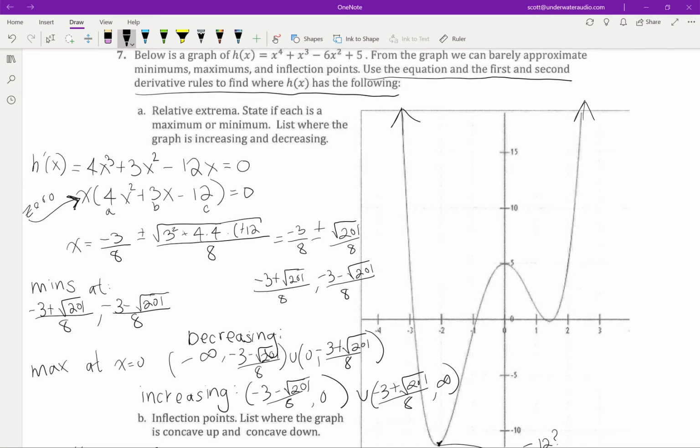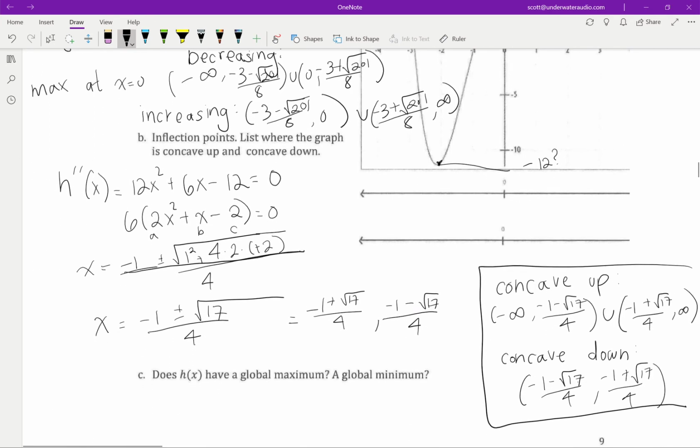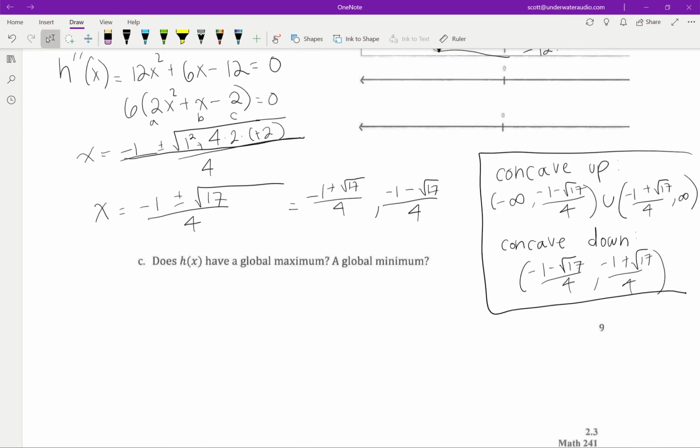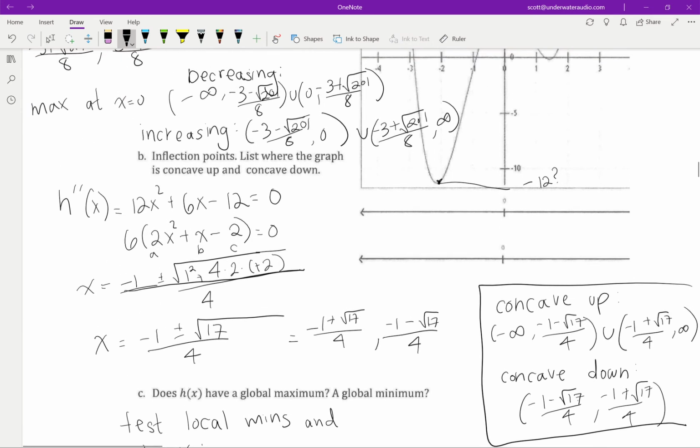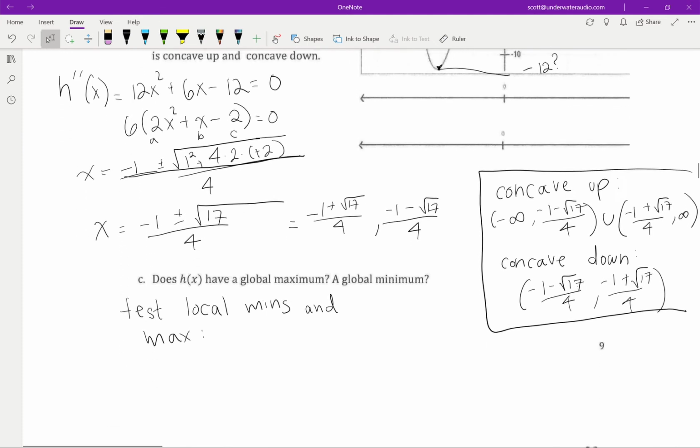So how would we figure that out using just the graph? What I would do is I would test the local mins and maxes. Okay, so we found, let's see, there was a max at 0.